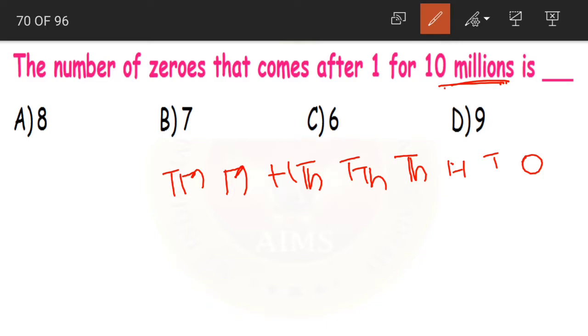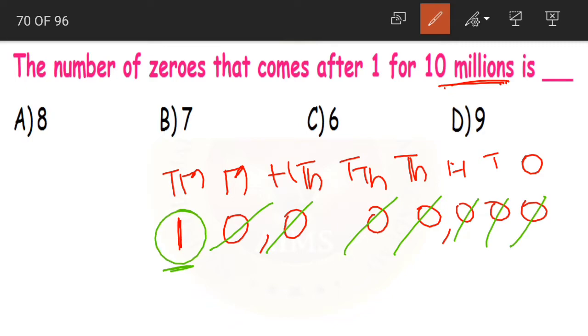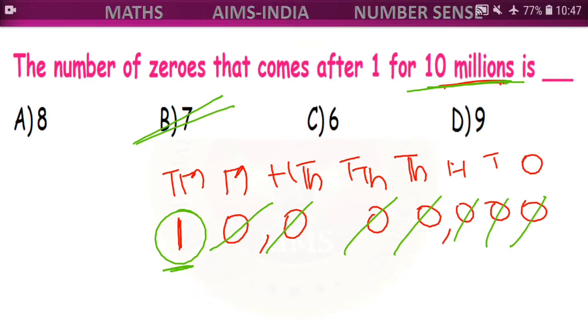Now in 10 millions, we'll have 1 in the 10 millions place, and the remaining places will be filled with zeros. So how many zeros do we have after 1? 1, 2, 3, 4, 5, 6, 7 zeros come after 1 in 10 million. So option B, 7 becomes our correct answer.